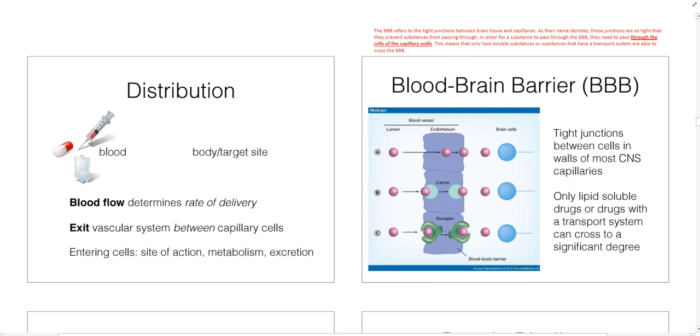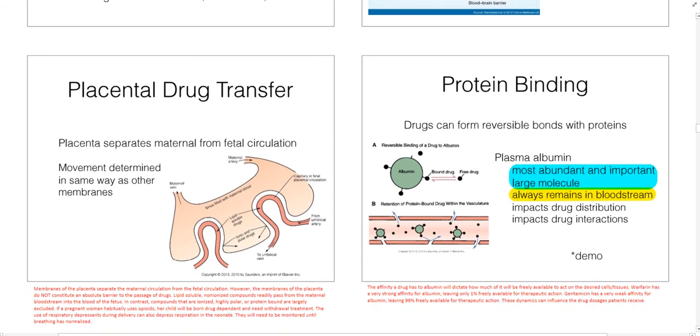It is made of tight junctions between brain tissue and capillaries. And the only chemicals that are able to cross the blood-brain barrier are going to be those lipid-soluble drugs or ones with a transport system. Some other ones sometimes can kind of cross. Okay, that's all there is for that.